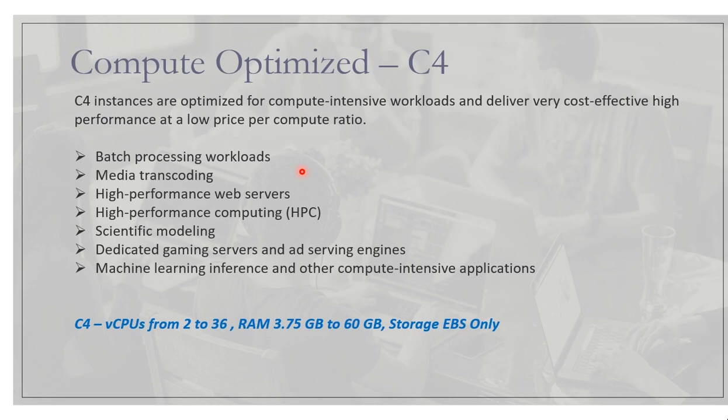We can have web servers on general purpose instances also, but there we get very average performance. So if you want a high performance web server, you may go for the compute optimized C4 series. C4 virtual CPUs start from 2 to 36 and RAM from 3.75 GB to 60 GB. Again, I'll repeat, compute optimized C4 is a very cost effective solution.